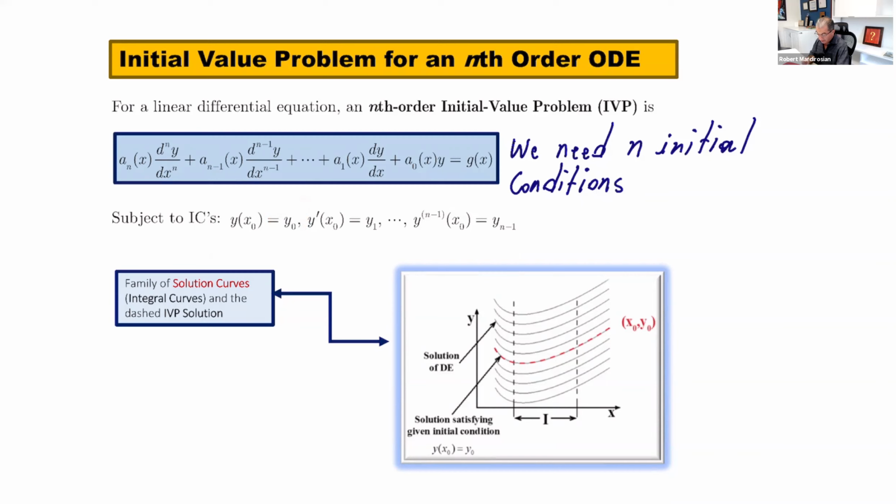So we need n initial conditions. If you have a second degree differential equation, then you need two initial conditions. Third degree, you need 3 initial conditions, and so on. And take a look at that graph too. These are called the solution curves, which we saw in first order differential equations also.